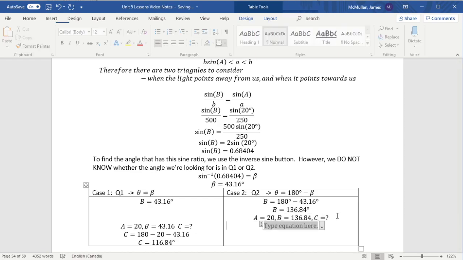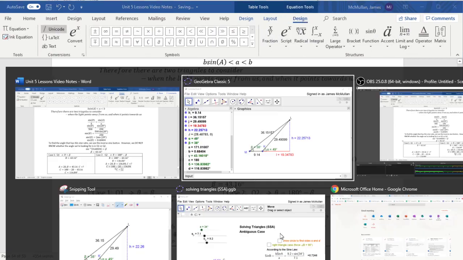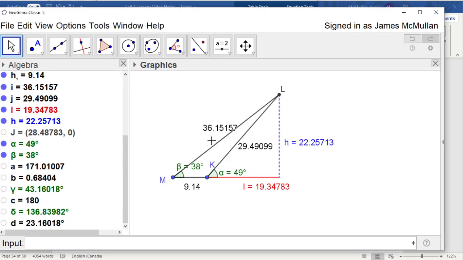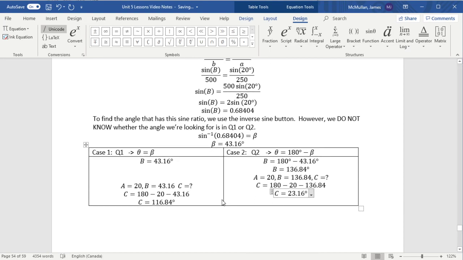What's C? Here, C would be 180 minus 20 minus 136.84. And in this case, C would just be, I actually don't know what that symbol is. I'll just type it. 23.16. Okay, so those are my possibilities.